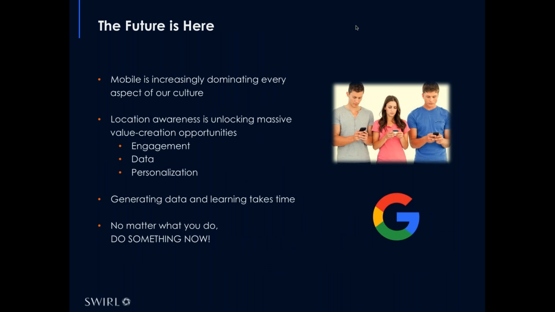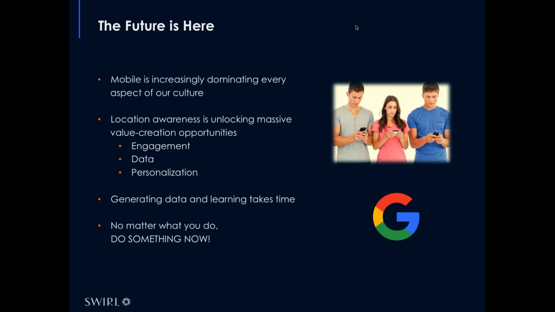So some final thoughts on this entire space and this ecosystem. It's no surprise to any retailer that mobile is really dominating every aspect of our culture, and every single retailer that we talk to is thinking about what their mobile strategy is and what mobile capabilities they need to develop. Location awareness and mobile presence is creating really new and powerful sets of opportunities to create value for retailers and shoppers.